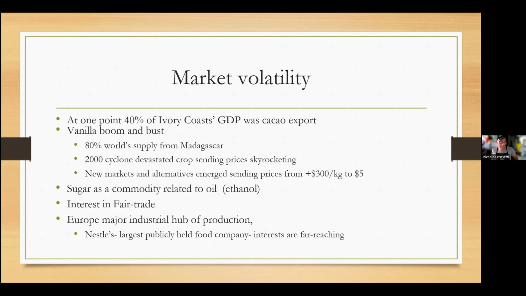And then the major hub of chocolate production is definitely in Europe. Belgium, Switzerland, France all produce most of the world's chocolate. And that kind of brings to mind the scope of the global corporation. So I know Nestle, being the largest publicly held food company, has very far-reaching interests.